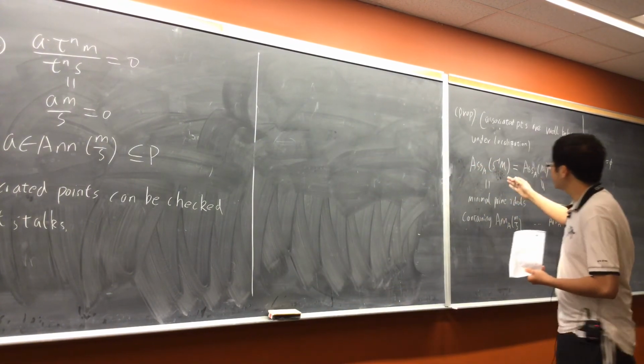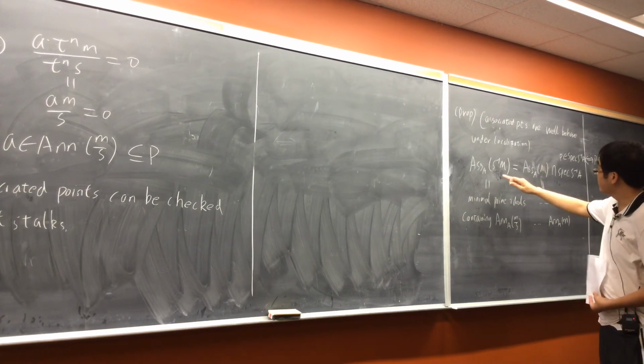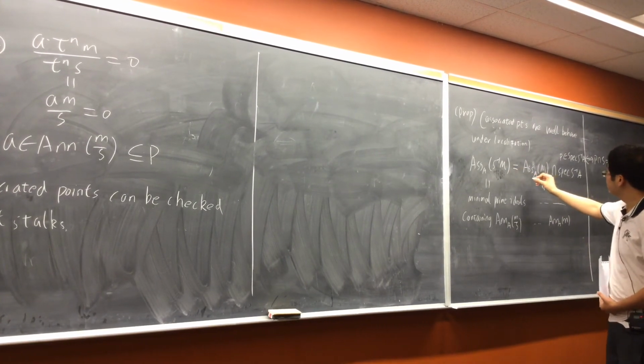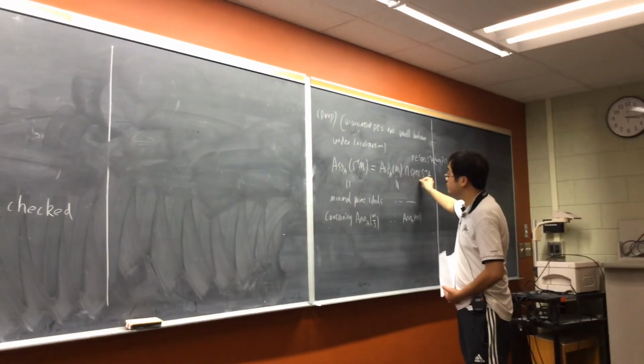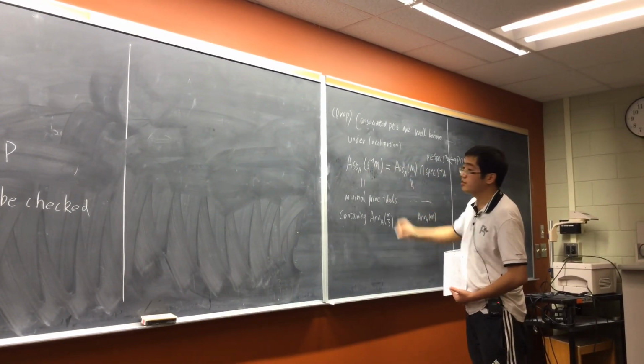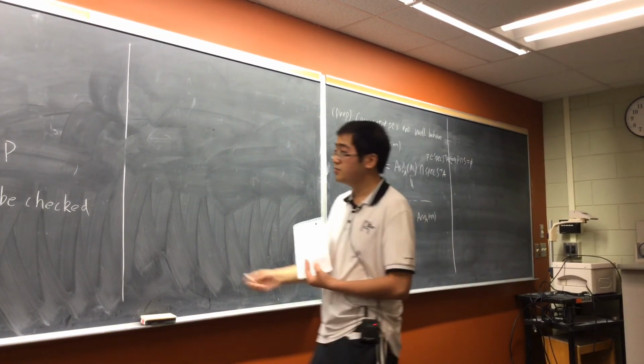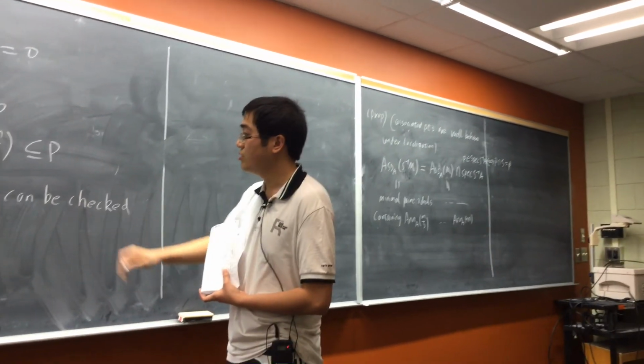In here we know that the associated points of the localization are just the associated points of the localization. So that's what is meant by it can be tracked at stalks.